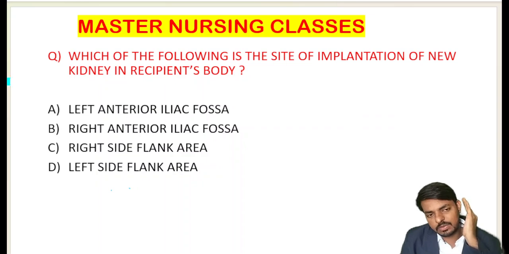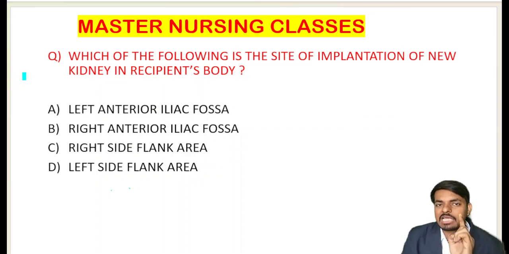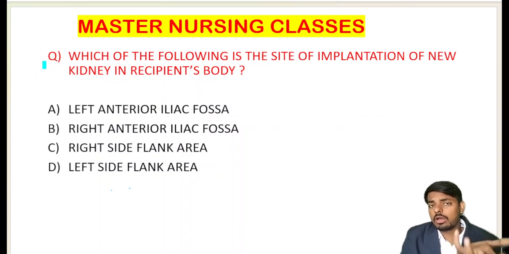Why am I explaining this so slowly with a clear concept? Because in the last three NORCET exams, questions have repeatedly come from kidney transplantation. So this is a very important topic I have considered. And in the upcoming NORCET 6 also, there is a high chance of a question coming, where some students consider the topic somewhat complicated.